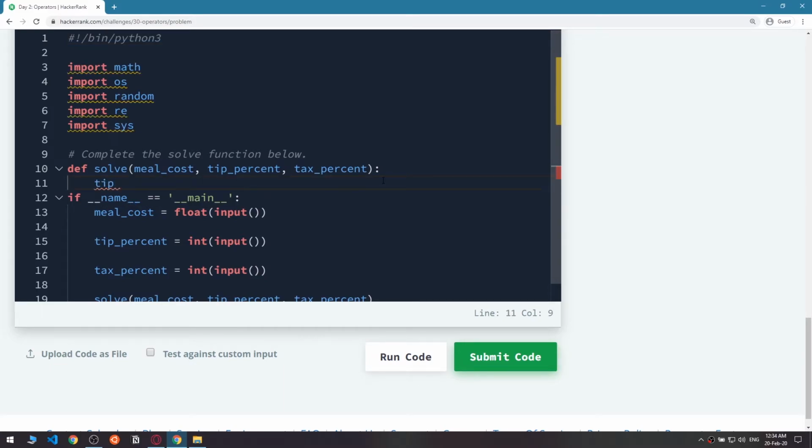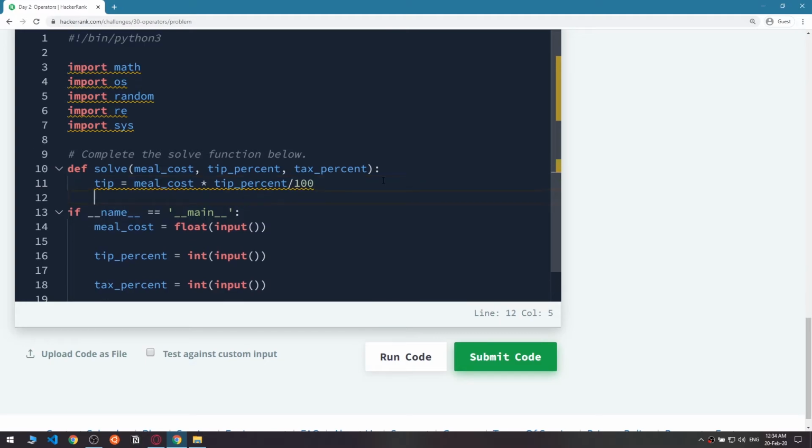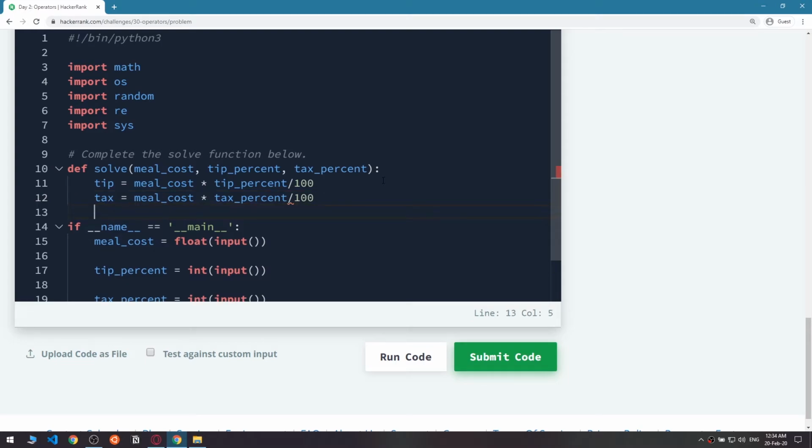The tip equals meal cost multiplied by the tip percent divided by 100. Okay, then we got the tax equals tax percent multiplied by real cost multiplied by tax percent divided by 100.